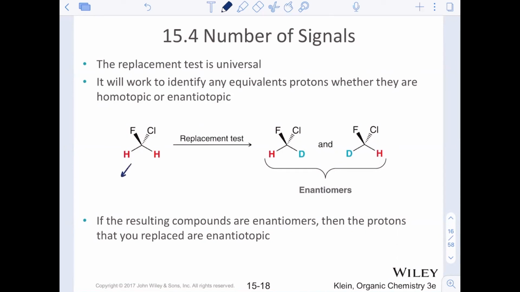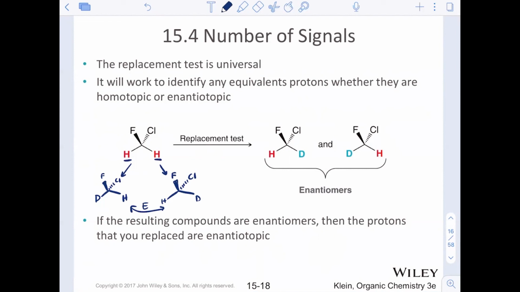So again, split the compound up, change one hydrogen to deuterium, just as the label, change the other hydrogen to a deuterium. And then again, decide what the relationship here is between these two compounds. These are enantiomers, right? Enantiomers would then be enantiotopic protons.